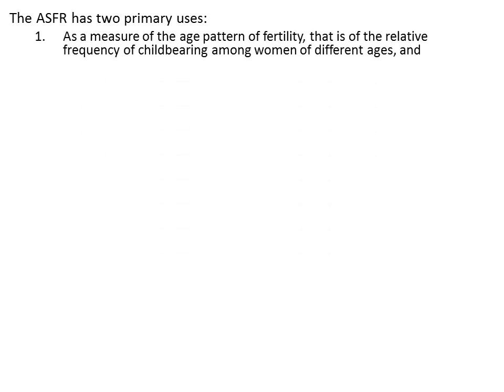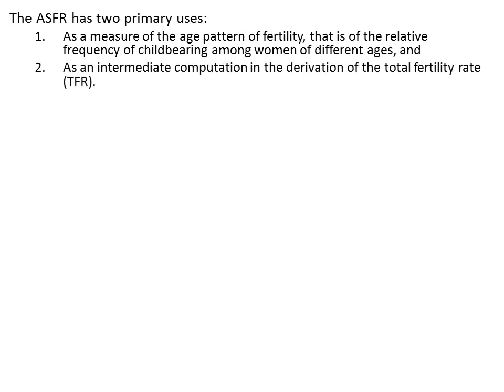The age-specific fertility rates are required for measuring the age pattern of fertility, that is the relative frequency of childbearing among women of different ages, and as an intermediate calculation when we are finally deriving the total fertility rate, which we will discuss later.